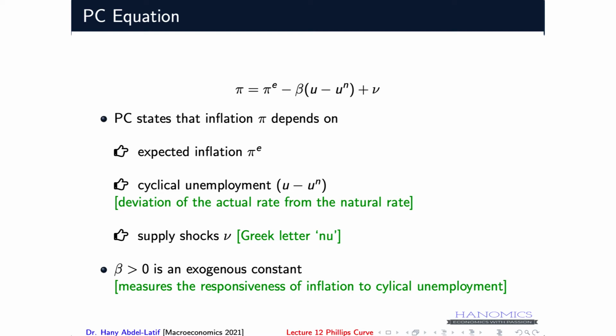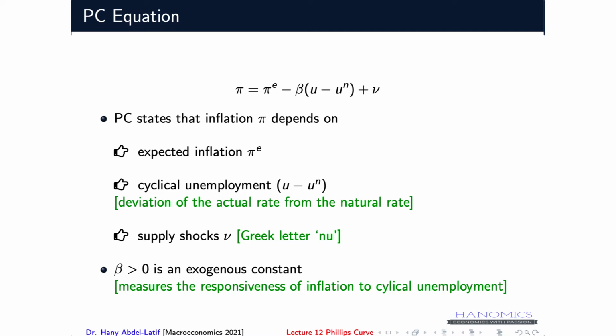So it makes sense to define cyclical unemployment as the deviation of the actual unemployment rate u from its natural rate. At the natural rate, we're looking at the full-employment output level, Y at its natural rate. The gap between the actual unemployment rate and the natural rate of unemployment represents how large cyclical unemployment is. This is very important.